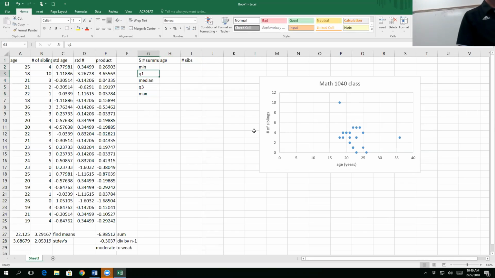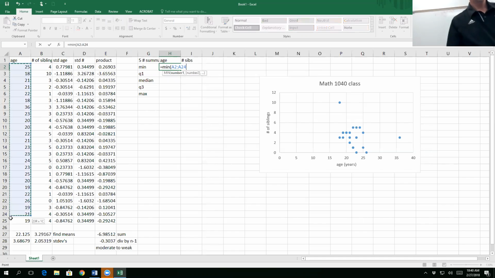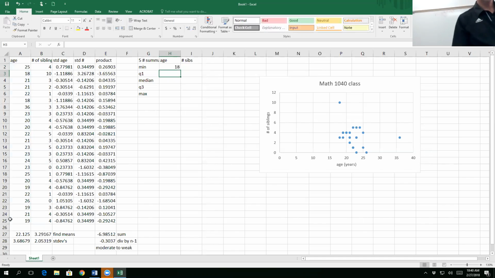Okay, how do we do that? How do we do it for the age? Equals what? Min of all that. Minimum, yeah. Oh, you guys just said, I know it's 18. But it probably is 18. Okay, how do we define the maximum? Max.